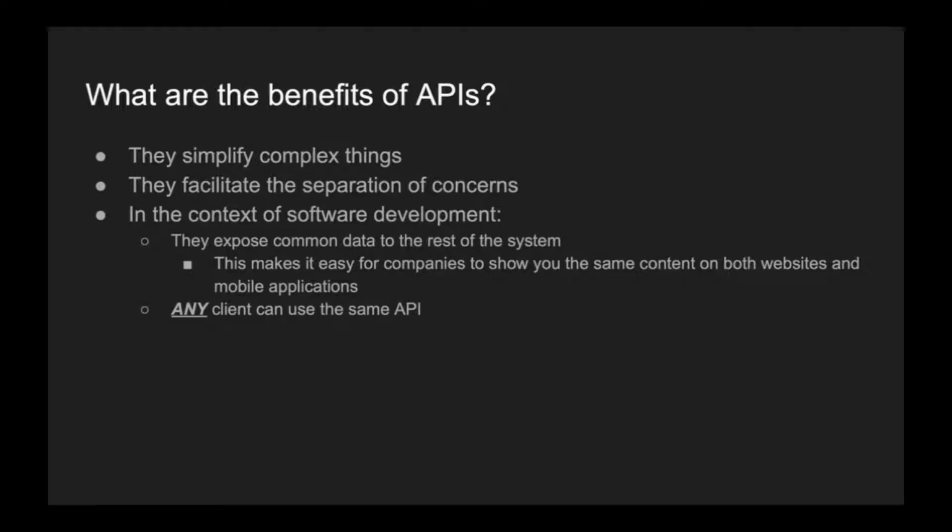They also facilitate the separation of concerns. The idea of separation of concerns is that systems should be modular, and each module in a system should have its own job. If we think about APIs in the context of front-end and back-end development, our system would have clients and then a server.